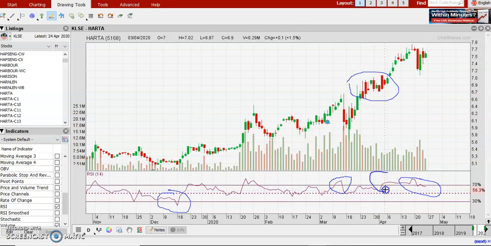Once it crosses the overbought line again, it signals that the correction has finished and price continues to increase.